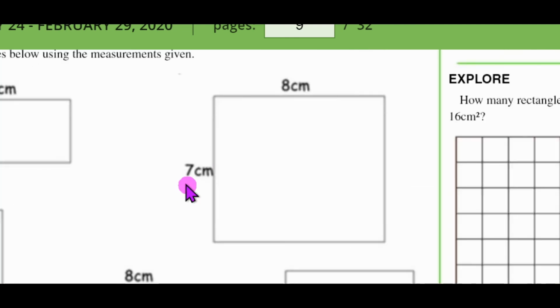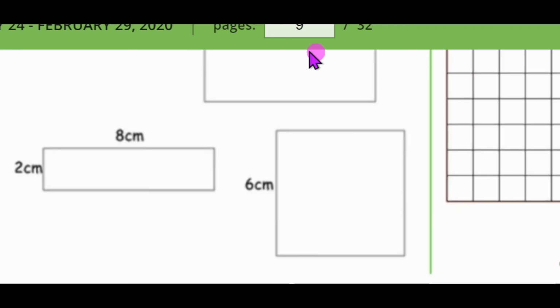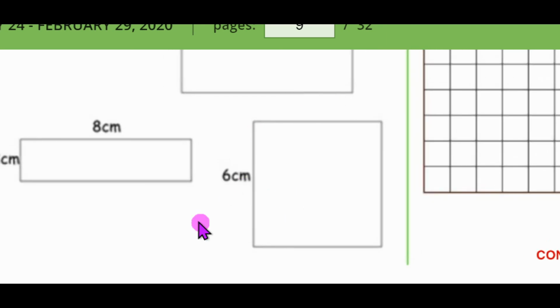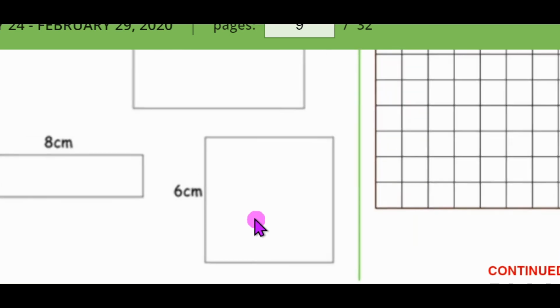For this one, 7 eights, this would be 56 centimeters squared. And if this is a square, that means all the sides are the same. So if this is 6, then the other side is 6 as well. So 6 times 6 is 36. So this is 36 centimeters squared.